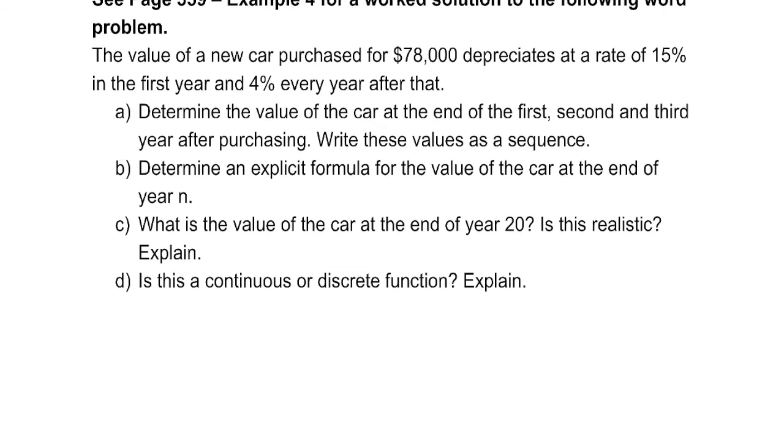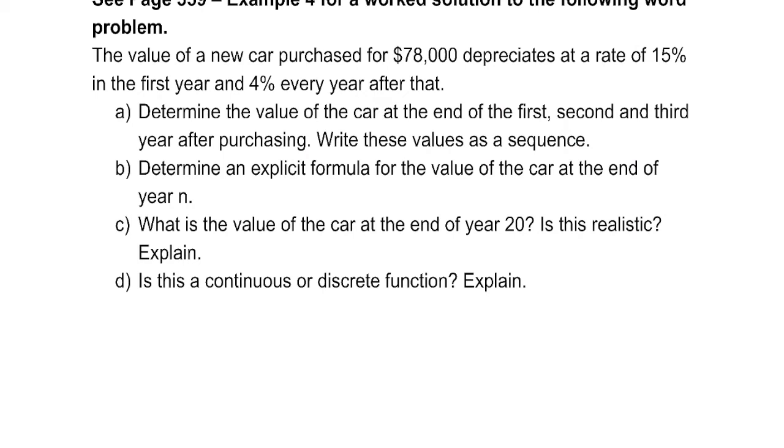Let's look through a numerical example. The value of a new car purchased at $78,000 depreciates. In other words, it loses value at a rate of 15% the first year and then 4% after that. Part A says determine the value of the car at the end of the first, second, and third year after purchasing and write these values as a sequence.